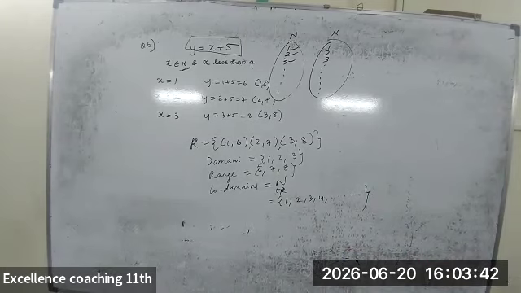Question number 6. Now question number 7. A is given, B is given.